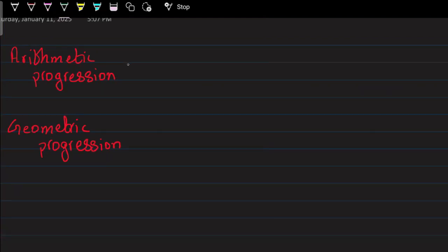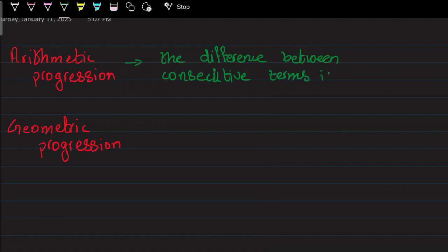So the main difference between these two series or progressions is that in the arithmetic series the difference between consecutive terms is constant.